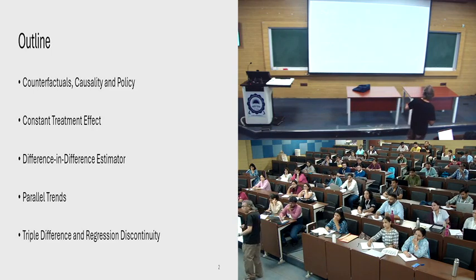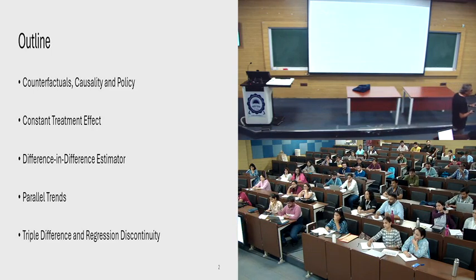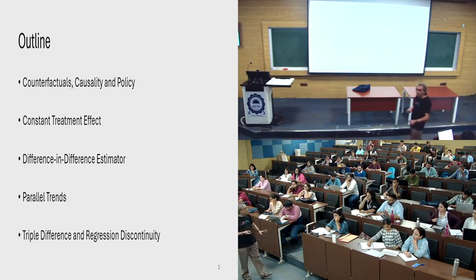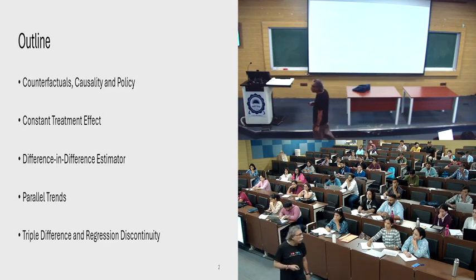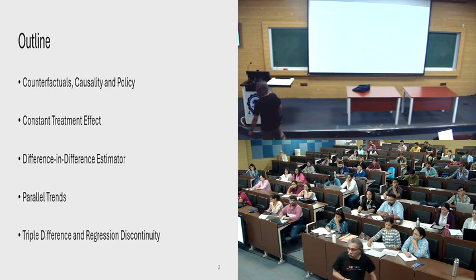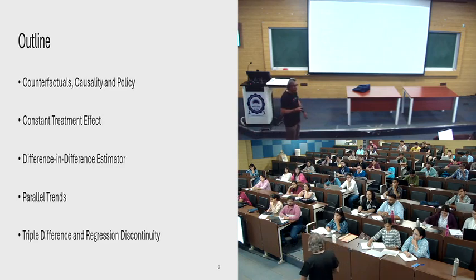And then last, I'm going to focus on the triple difference estimator, and hopefully show you that it is nothing but another way of doing DD, the double difference estimator. Finally, I'm going to touch upon regression discontinuity, which is another way of looking at the program evaluation literature. Okay.